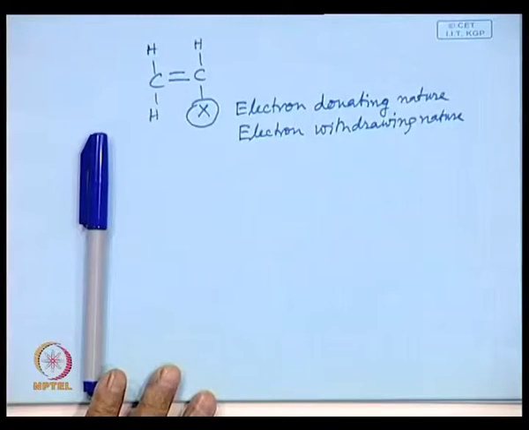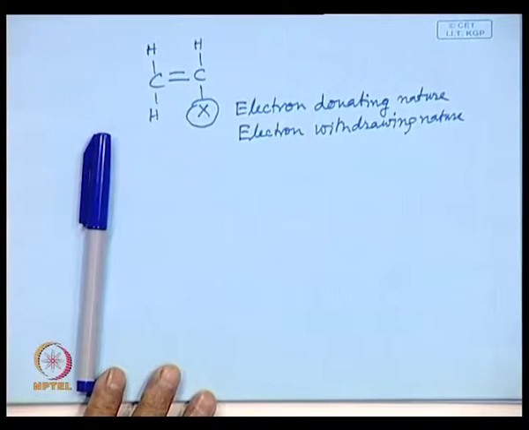So, you may ask, sir, what is the necessity of taking this concept into account? Yes, there is a necessity. If you want to design a new polymer, to synthesize a novel polymer which is non-existing today, then you have to start with a monomer.